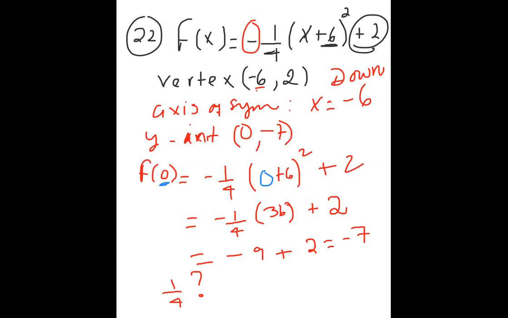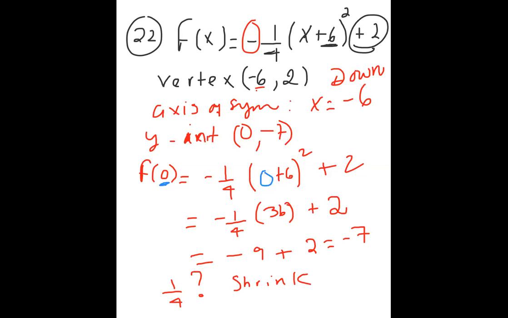By the way, since it is a value that is less than 1, it's going to shrink. That just means it gets closer to the x-axis. But that's advanced stuff, beyond the scope of this class. We're going to leave it right there, and you can pick it up later in college algebra.